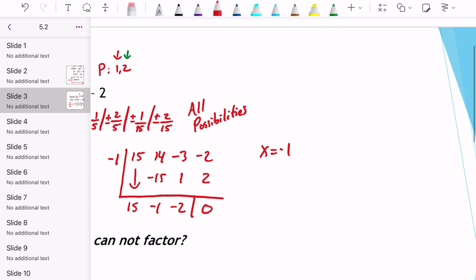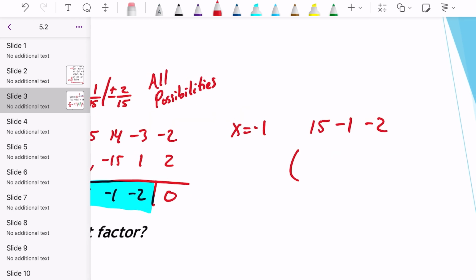Our depressed equation are the coefficients that are on the left side of our synthetic division. So if we originally start with 15, negative 1, and negative 2, this would actually turn into 15x squared minus x minus 2.